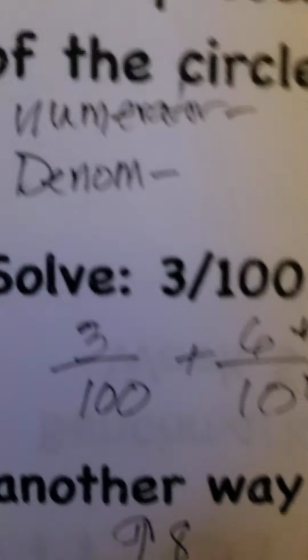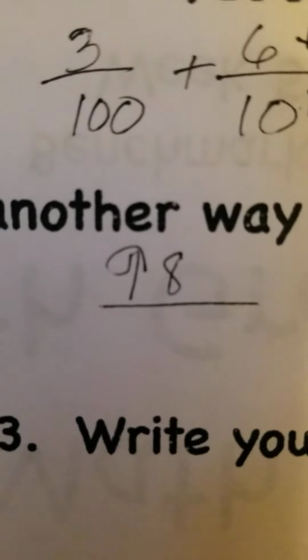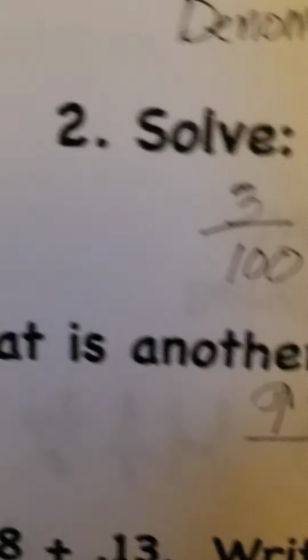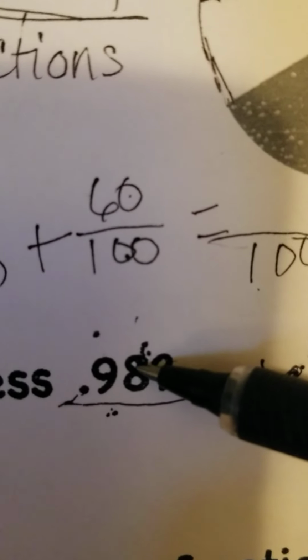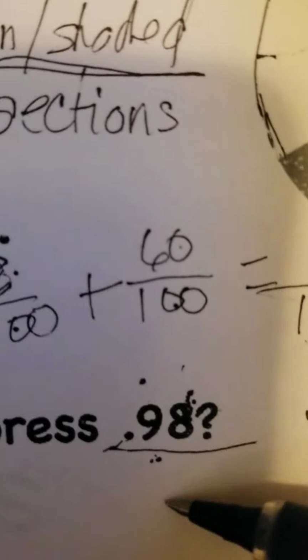You need to find that chart and figure out what your denominator would be for this. Okay? Converting decimals to fractions. This is always the numerator. Then your place value of the last digit to the right is going to be your denominator.